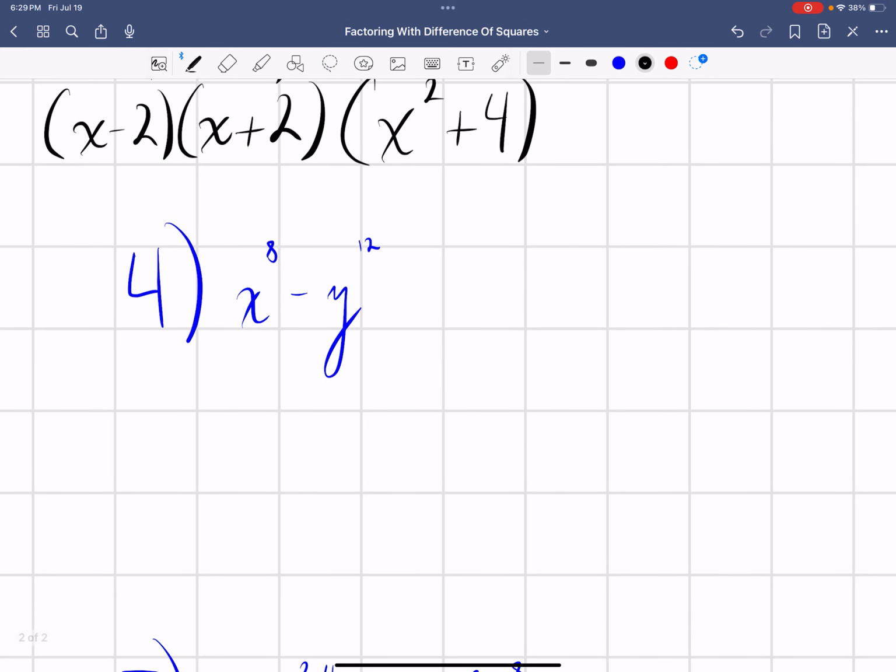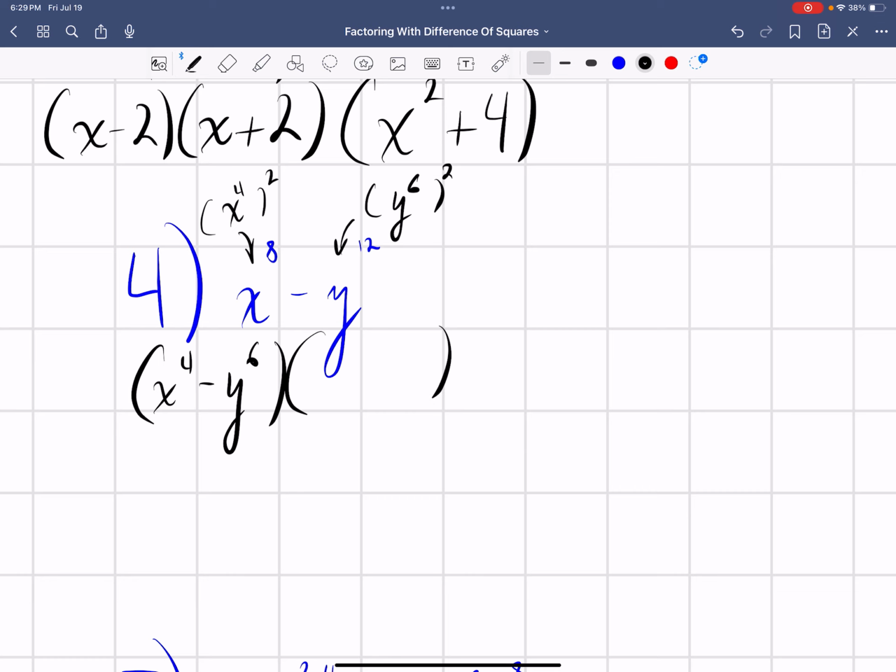The next one says x to the 8th minus y to the 12th. So again, thinking about that power property, or property of exponents rather, when we ask what squared gives us x to the 8th, x to the 4th. What squared gives us y to the 12th, y to the 6th. And then we write them out. x to the 4th minus y to the 6th times x to the 4th plus y to the 6th. But again, this first factor is still factorable because it's also a difference of squares.